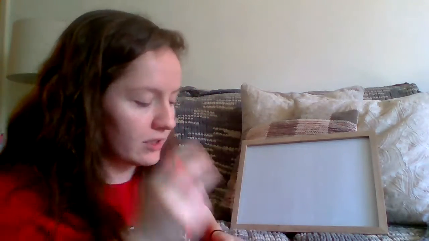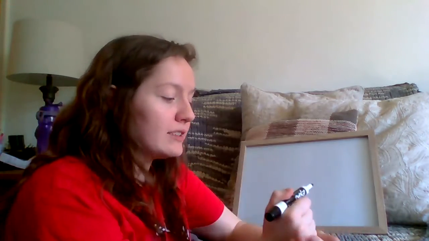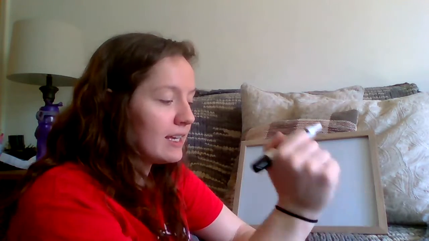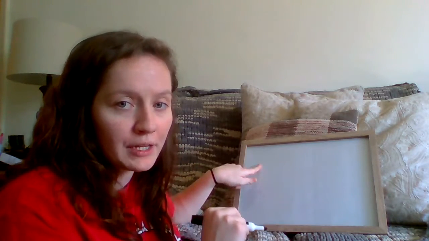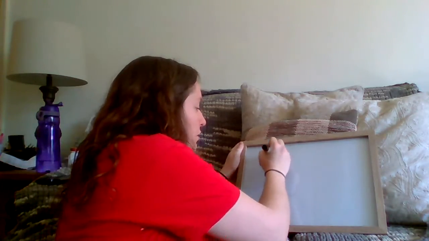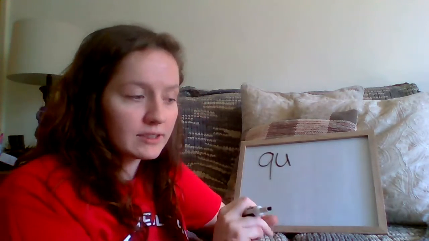Our next word is quiz. Say it with me. Quiz. Say it without me. Okay, let's pound it out. Quiz. Qu. Is, quiz. Okay, first sound is qu. What letters say qu? Q, U. Now the word was quiz.